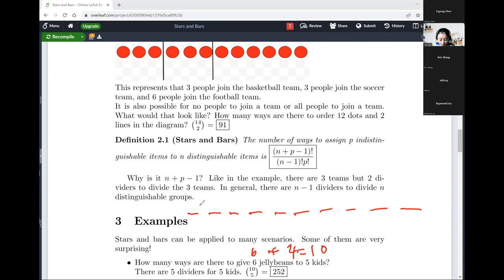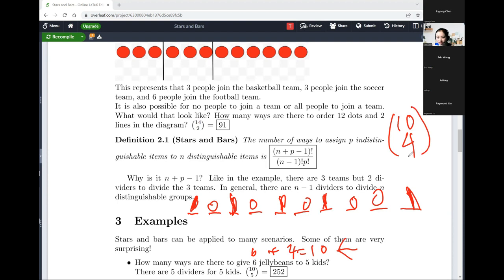A divider could be here, jelly bean, divider, jelly bean, divider, and maybe a divider, jelly bean, jelly bean, jelly bean. So we're basically choosing where we want to put our dividers. Out of the 10 spaces, we choose 4 of them to be our dividers. So the correct answer is 10 choose 4.